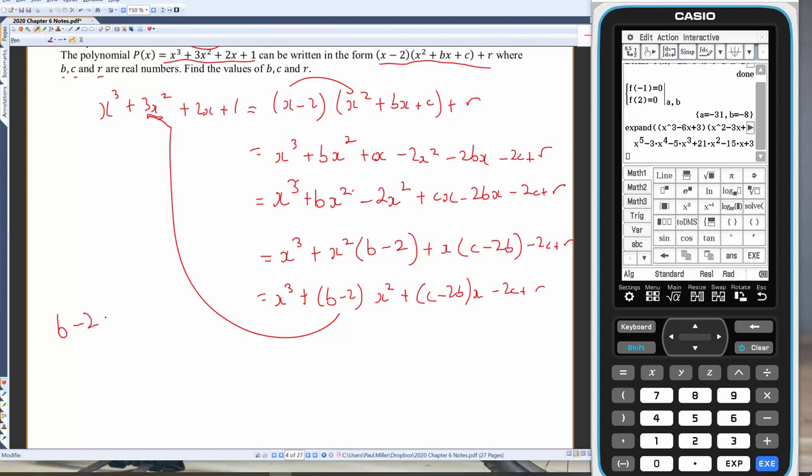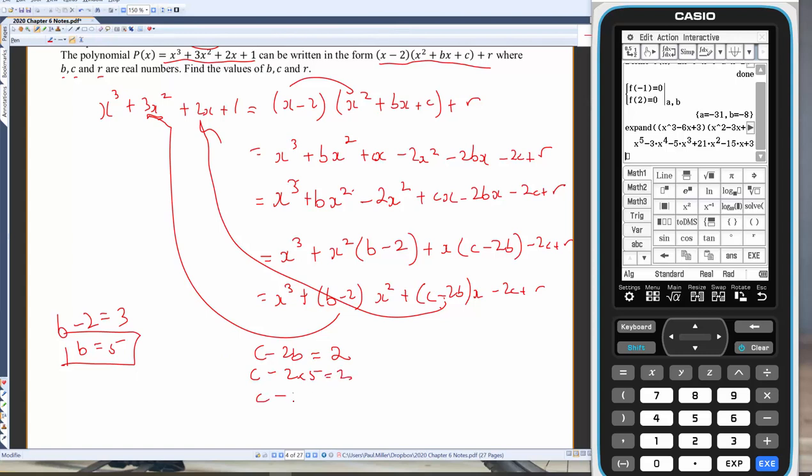So b take 2 is equal to 3. b must be 5. There you go, we've got our first value. c take 2b must be equal to this coefficient, 2. And that's convenient, we just found out what b was. So c take 2 times 5 equals 2, c take 10 equals 2, c must be 12.